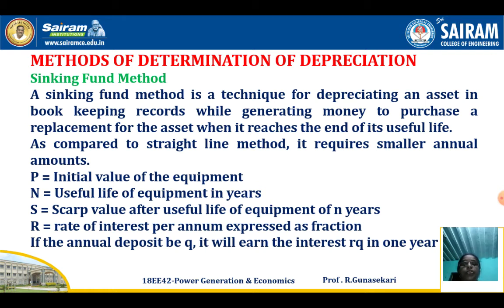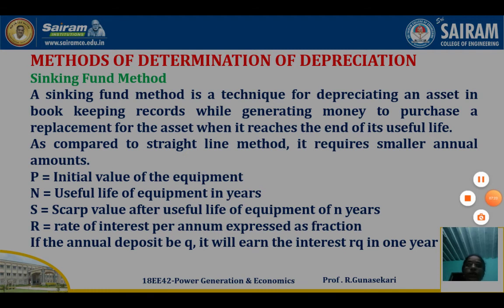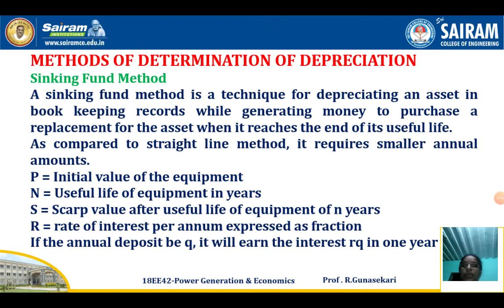Compared to the straight line method, the sinking fund method requires smaller annual amounts only. So now we take capital P equal to the initial value of equipment, capital N the useful life of the equipment in years, and capital S the scrap value after the useful life of n years.